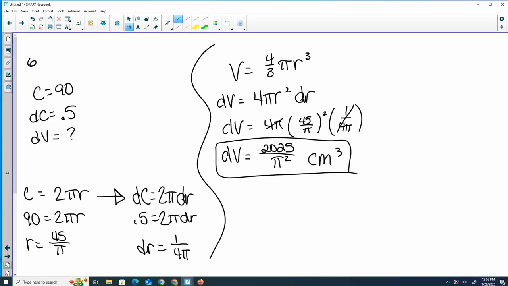Unless I just put it through with the 4 pi in parentheses. Well, I say that like I need to use a calculator. But maybe I'm lying to you, so it's good to know.